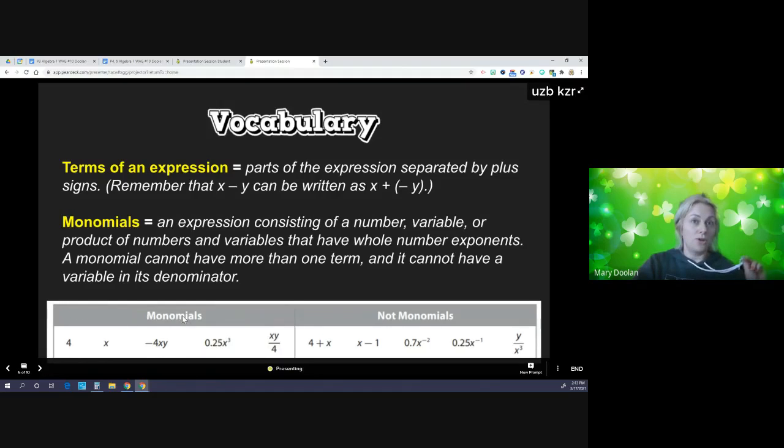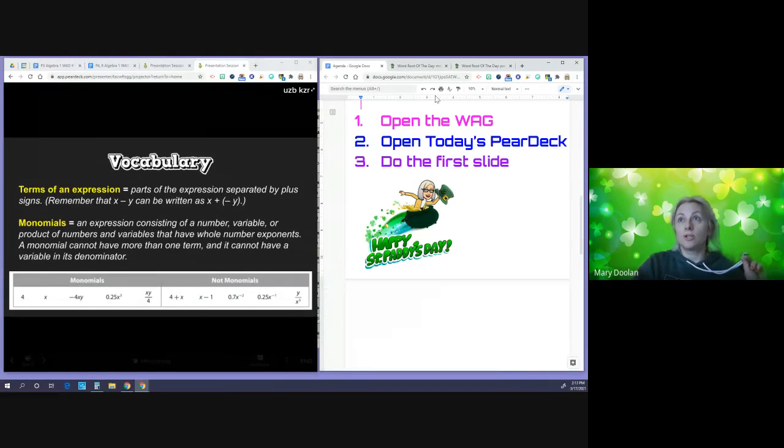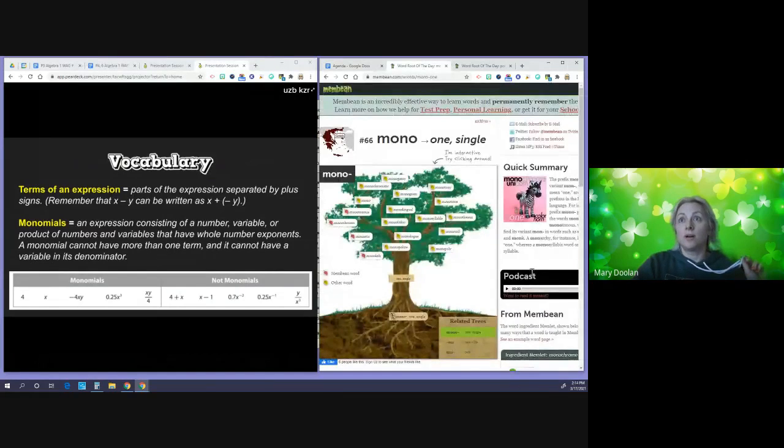The word monomial has in it mono. So check this out. I found this earlier in 4th period. The word monomial. Mono means one or singular. This is just a picture of a tree where this is the root. Mono on the roots means one or singular.